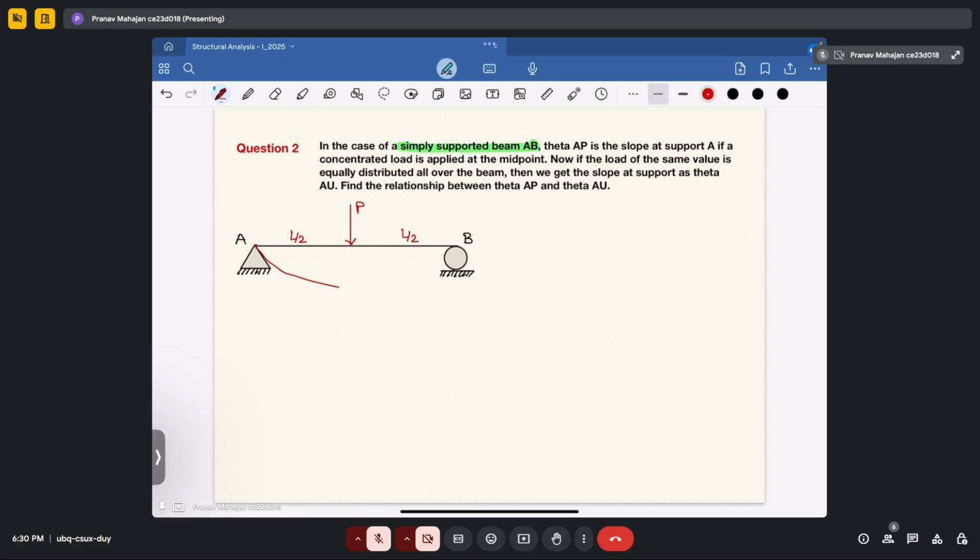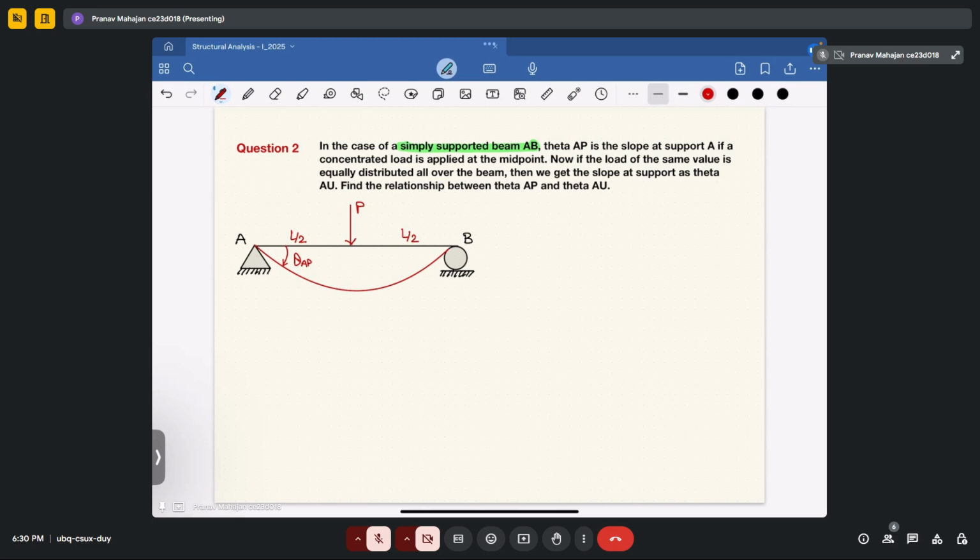So the deflection profile of this beam looks like this. Okay, and in this case, this angle, it is telling you to be theta AP. Fine, this is what he has told you in the first line.